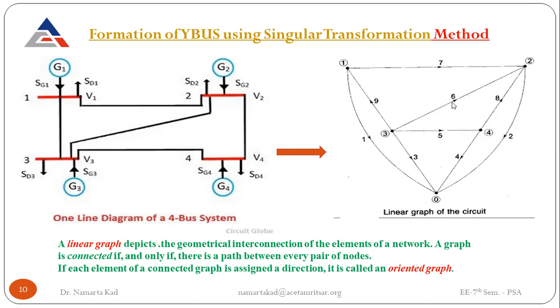The 6th branch is from 3 towards 2. Branch number 7 is from 1 towards 2, like this. Each branch is assigned some direction. So that's why it is called a connected graph, or also an oriented graph, because there is some orientation to each branch.